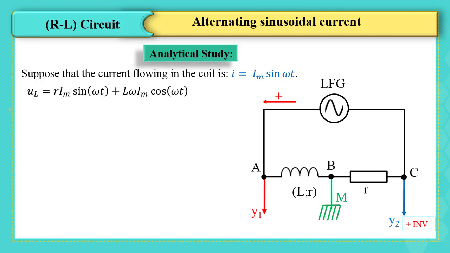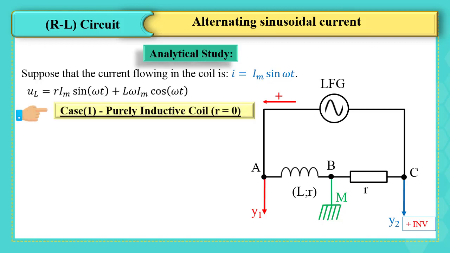Case 1, purely inductive coil, where R is equal to 0, the internal resistance of the coil. In this case, the voltage of the coil can be written as L omega Im cosine omega t, and this expression can be written in the form of L omega Im sine omega t plus pi over 2.